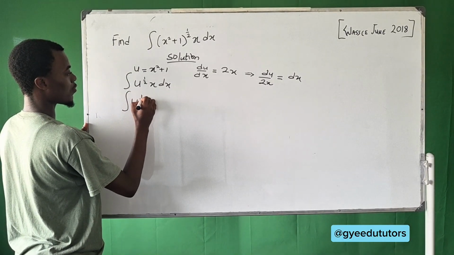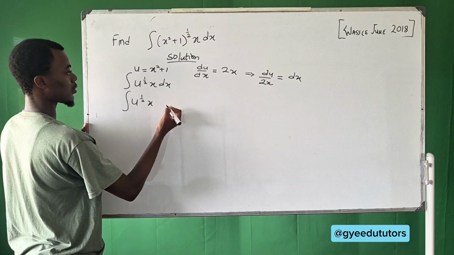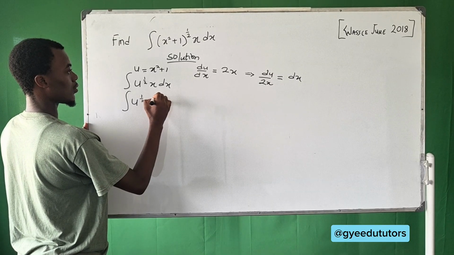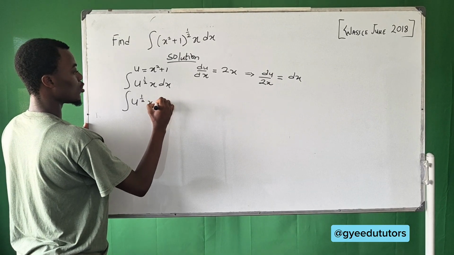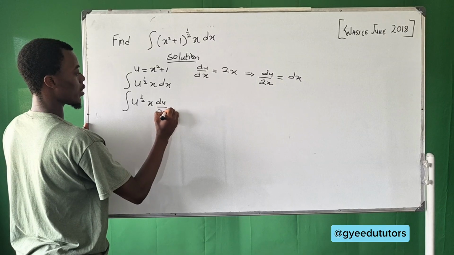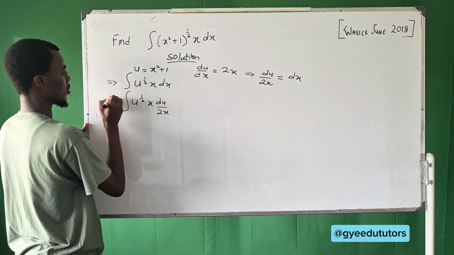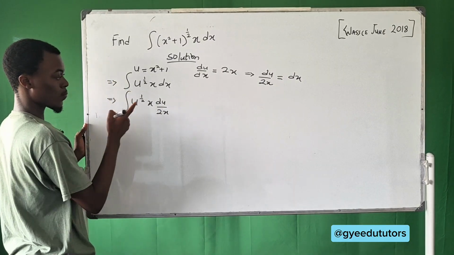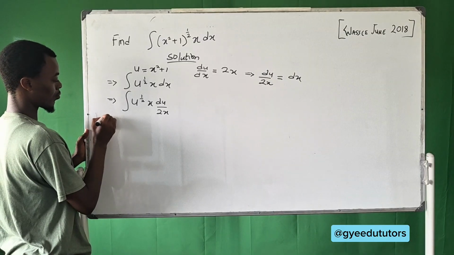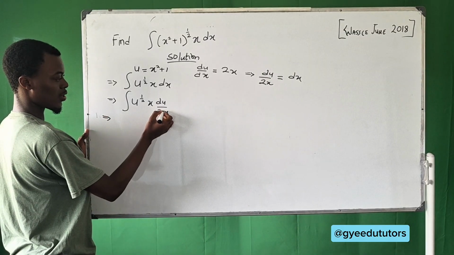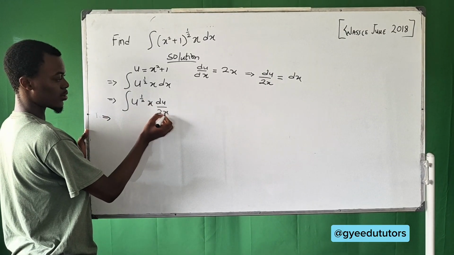So from here, we have u to the half times x, du over 2x. So now, in our next step, we can get rid of the x. You can cancel the x by x.